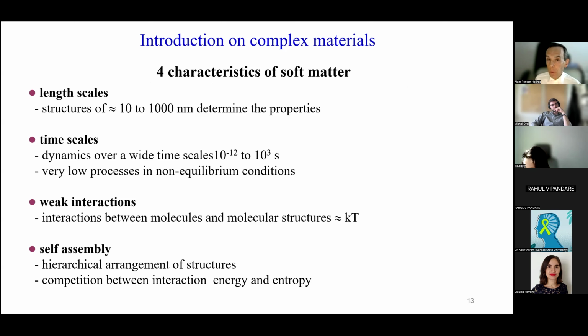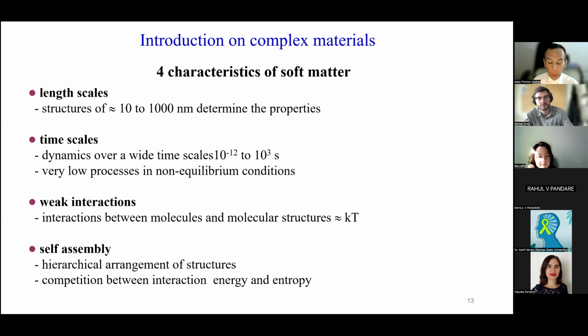So, to summarize, the three main features of soft matter materials: a very large length scale, a very tight length scale, weak interaction, and the possibility to organize themselves in self-assembly structures.